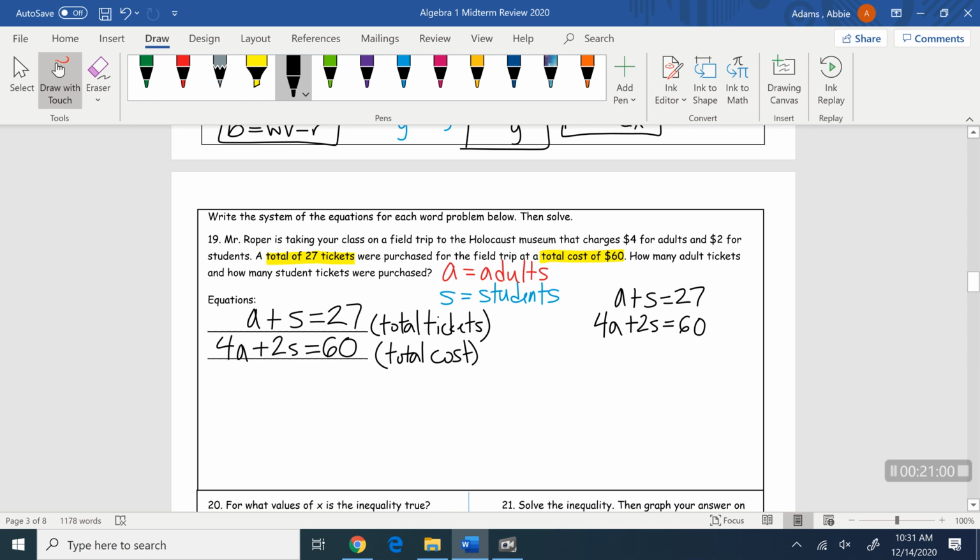It's going to be easiest for us to multiply our first equation by some number in order to allow the elimination to occur. So let's eliminate our S variable. I want it to have the opposite coefficient than 2, so that means I'm going to multiply this first equation by negative 2. And that's going to give me negative 2A minus 2S is equal to negative 54.